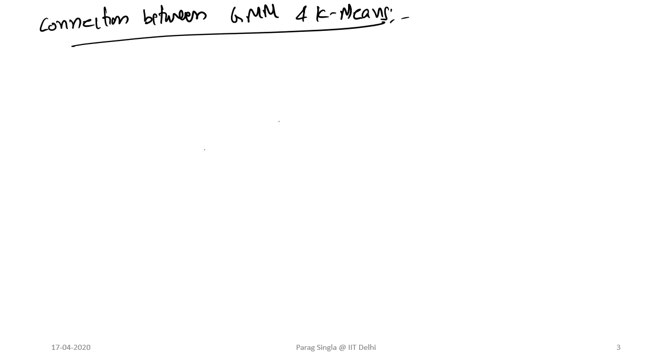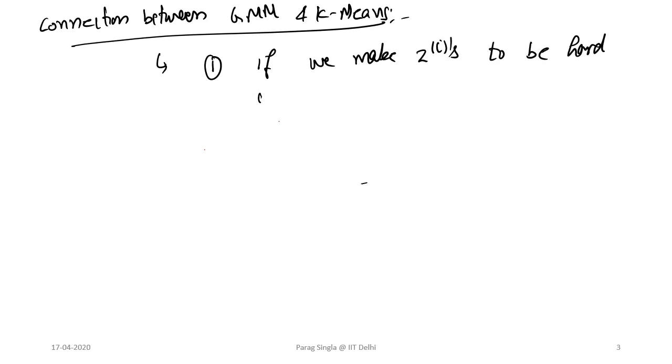Which is as follows: that k-means, in fact, is a special case of GMM under the following conditions, right? So first, in GMM, if we make zi's to be hard assignments, right?